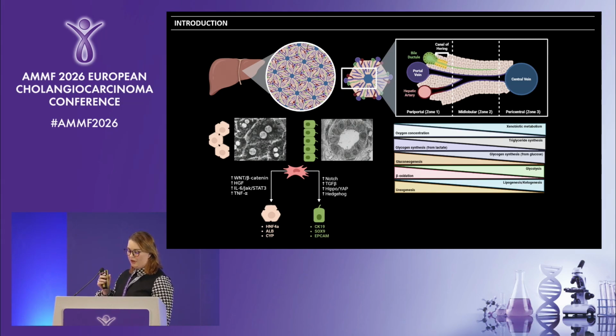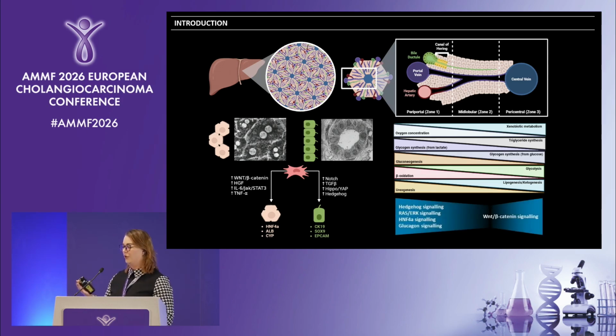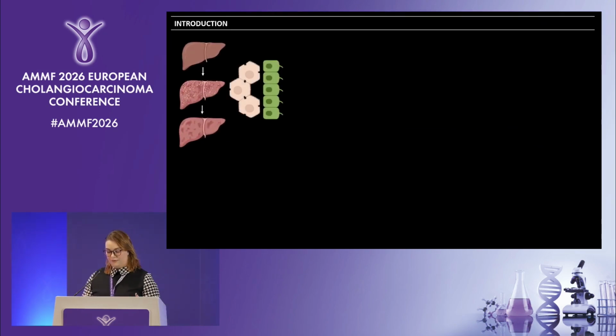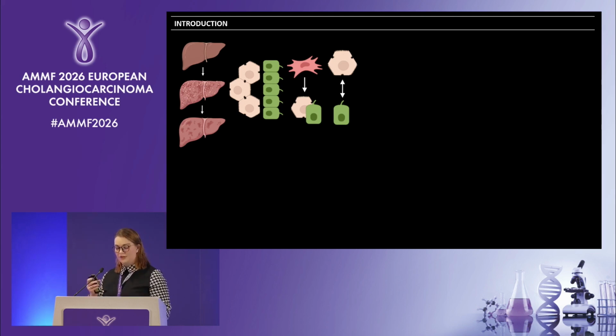So these oxygen and nutrient gradients, as well as signaling gradients, which predominantly are listed here, likely influence how these hepatocytes respond to injury and oncogenic stresses. So as you all know, the liver is one of the few organs that can regenerate itself after injury, and it does so through several mechanisms, which include cell proliferation, recruitment and differentiation of progenitor cell types, and in certain injury cases, the epithelial cells have been shown to be able to change their cell lineage, which is termed transdifferentiation.